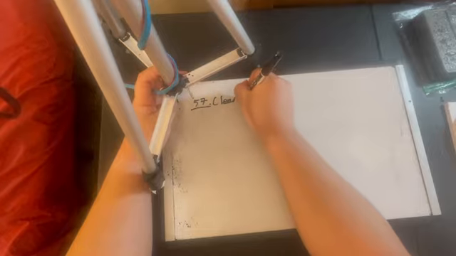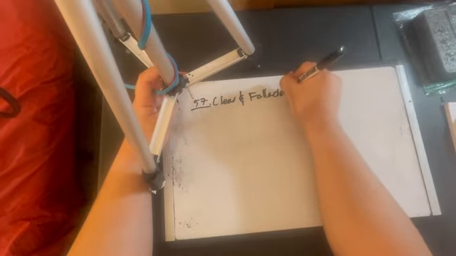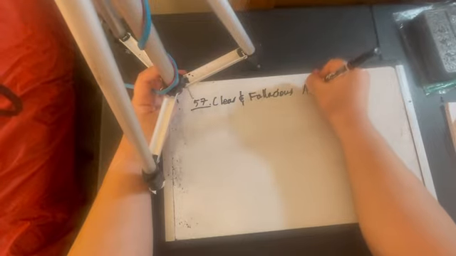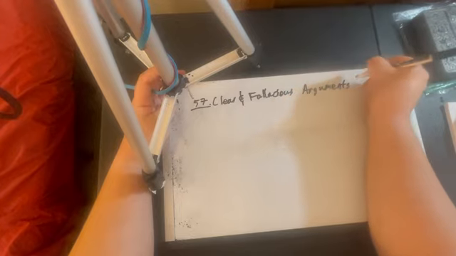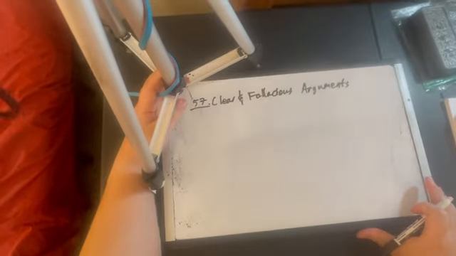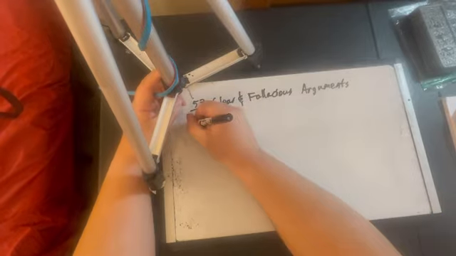Clear and fallacious arguments. An argument is clear if it reaches a conclusion in a way that needs no further questions, or if the necessary premises compel the conclusion.